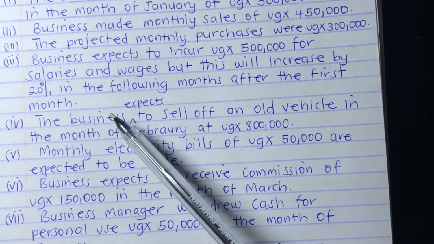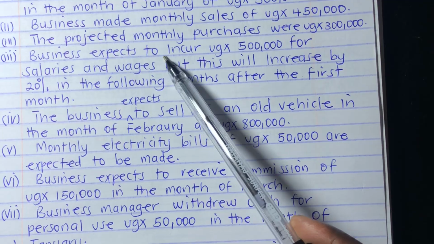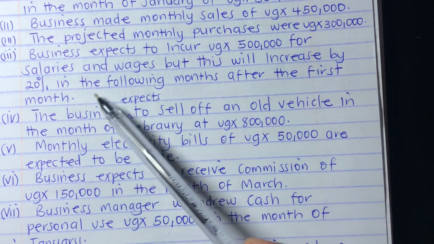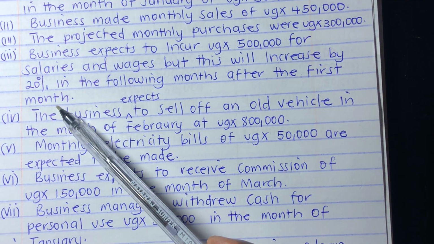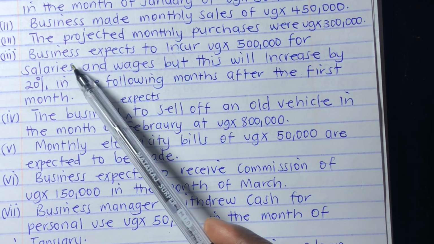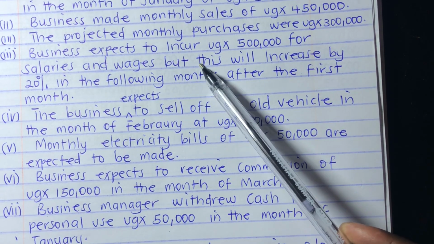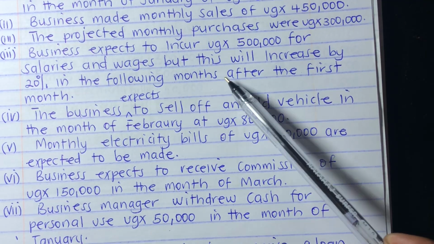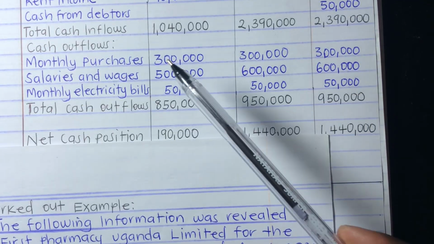Then we have Roman 3 expects to incur 500 for salaries and wages, but this will increase by 20% in the following month after the first month. This is a cash outflow.